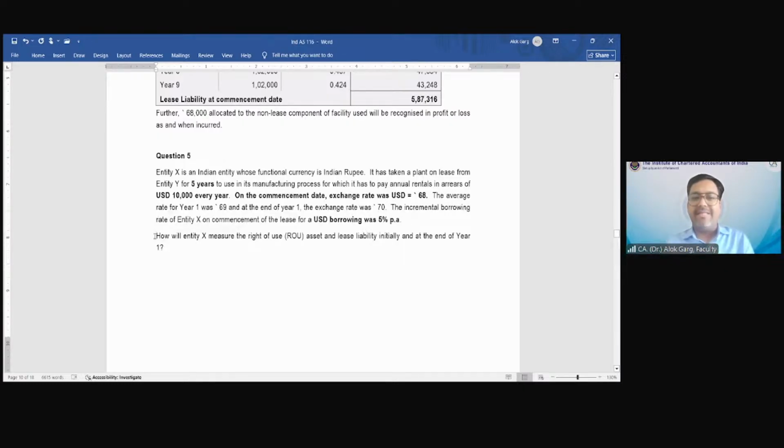How will entity X measure the right of use asset and lease liability initially and at the end of year 1? Please suggest what should be my steps? What should be my next steps? How will I solve this question?